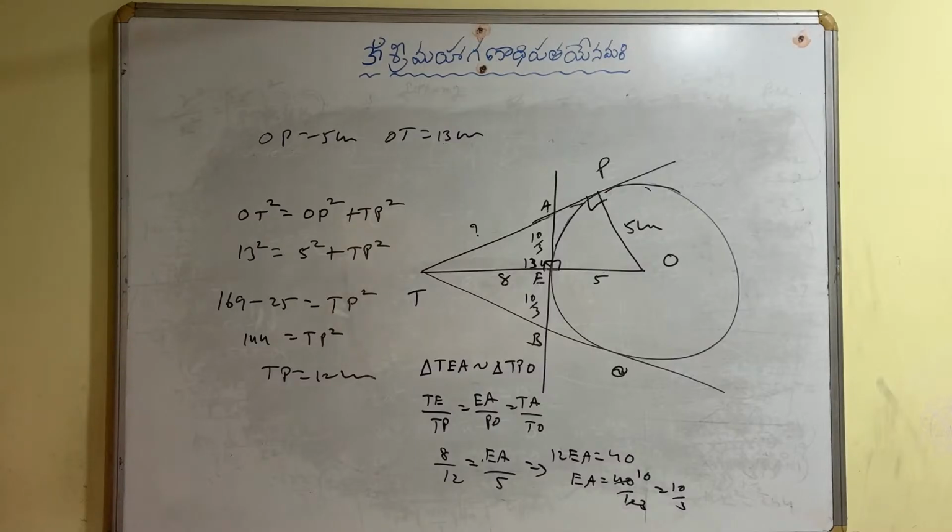And how many tangents can be drawn from point T? Not the midpoint, the center of the circle.